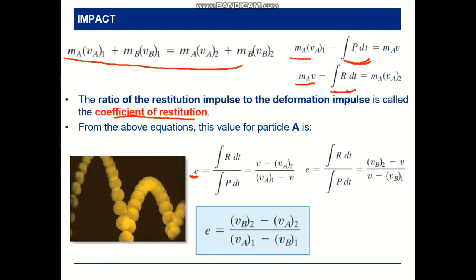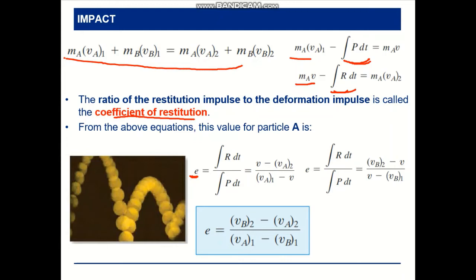And from this one, we can take it to the right side and put these terms on the left side, and we can see the final velocity of A over the initial velocity minus the velocity when the collision occurs.